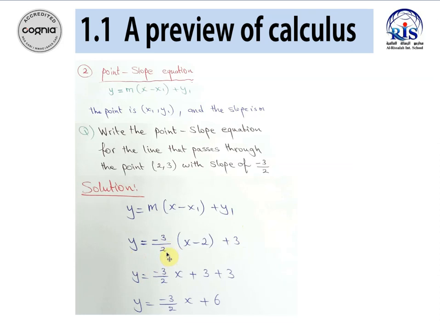Now use the distributive property: negative 3 over 2 multiplied by x gives negative 3 over 2x, and negative 3 over 2 multiplied by negative 2 will be positive 3, with positive 3 here. So when we simplify the equation, I have y equals negative 3 over 2x plus 6.